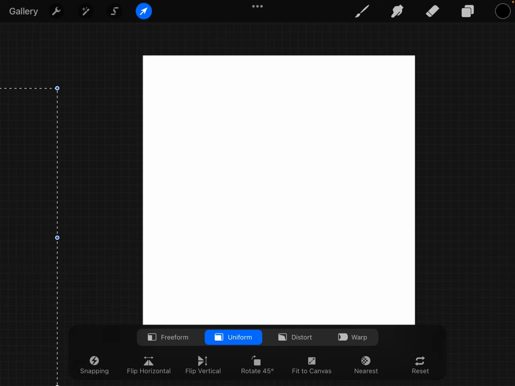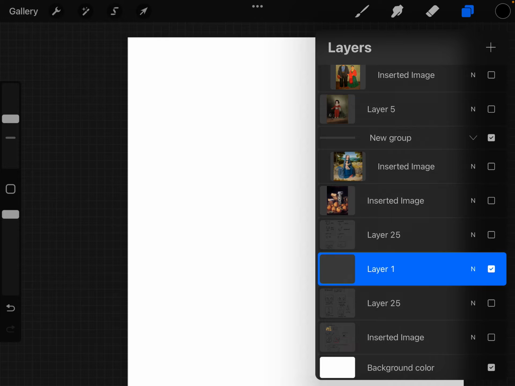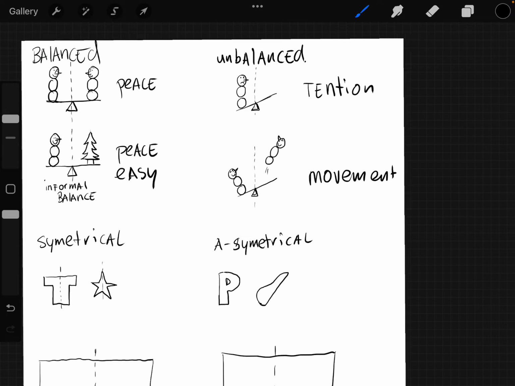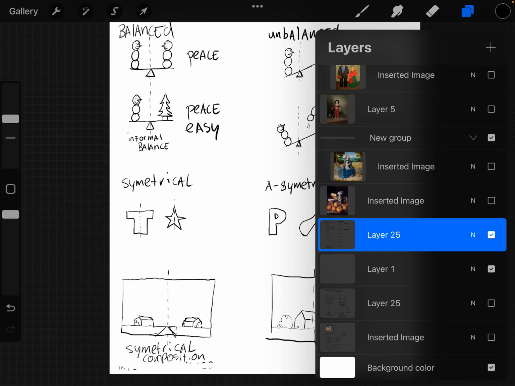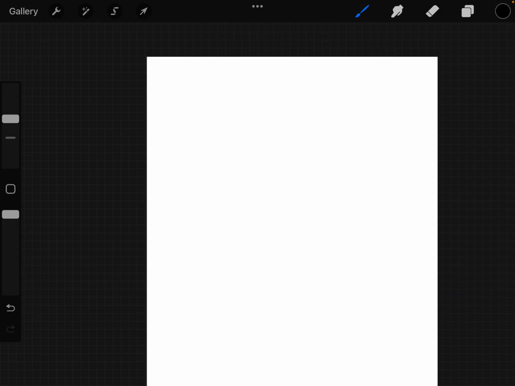Unbalanced compositions show us movement. So we're looking for tension and movement. What does that look like? Well, that looks something like this here. Unbalanced.